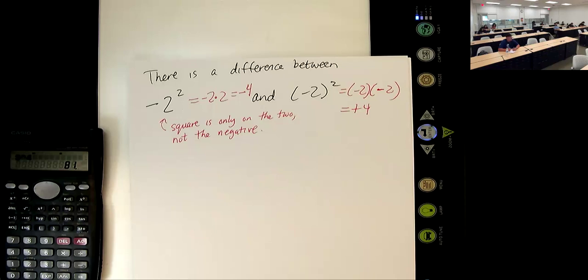I don't think that's going to be a big problem for you guys. I can't think of a point where you're going to see negative numbers with exponents here.